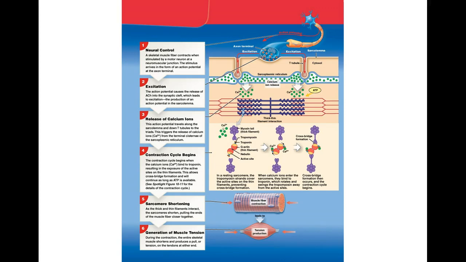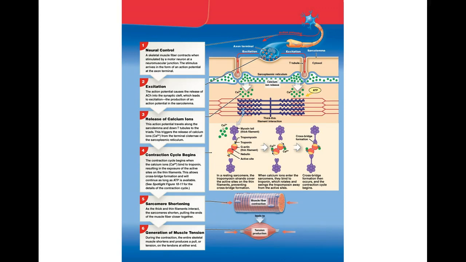That permeability is causing calcium to be released from those T tubules. Remember, calcium is stored in the T tubules and at the ends of the sarcoplasmic reticulum, the terminal cisternae, and that causes a change in the permeability that releases calcium. We're going from the excitation to the release of calcium ions.